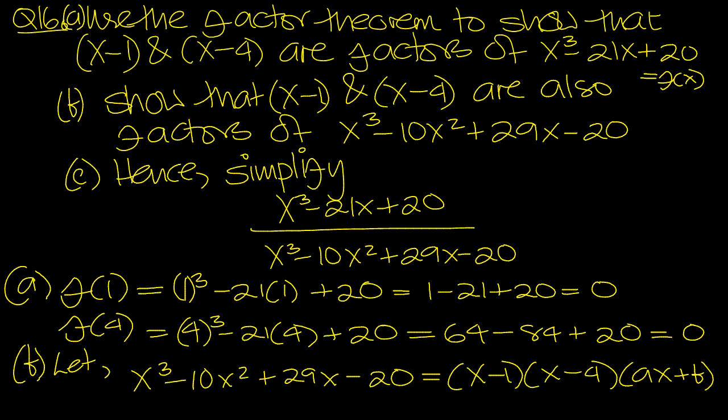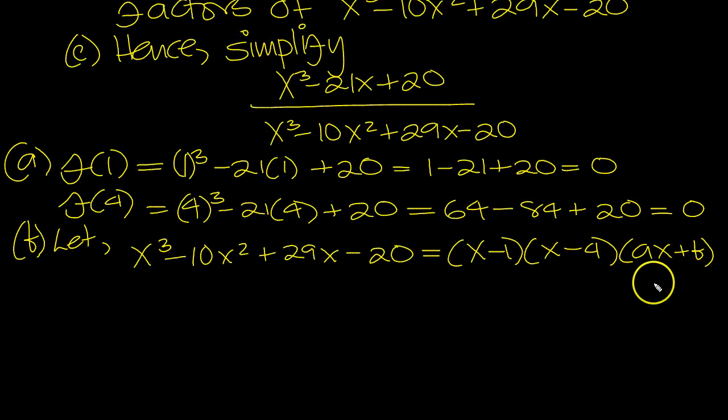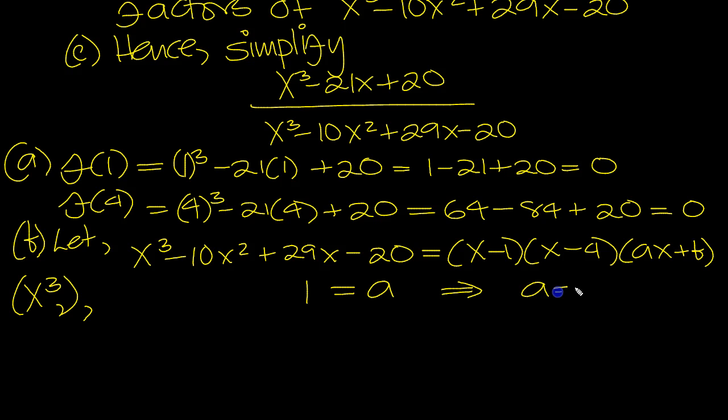Let's suppose that's the case, and we'll see if we can work out a and b. So for x cubed, there's 1 on this side, equate coefficients, and here we'll just get an a, because the x cubed is here, so a is 1.